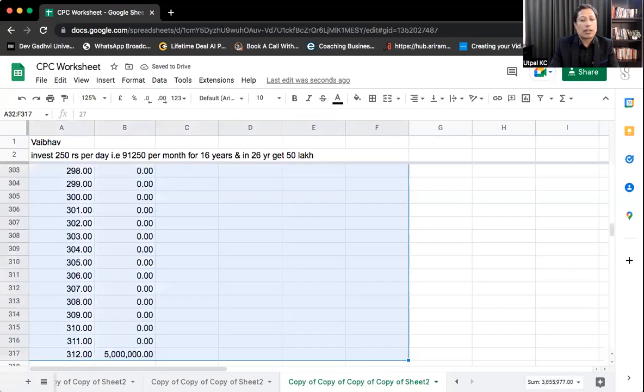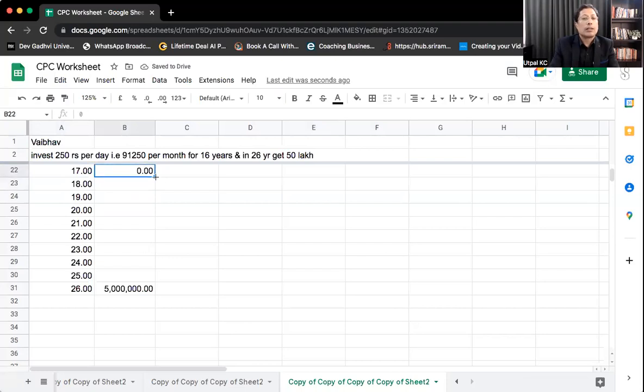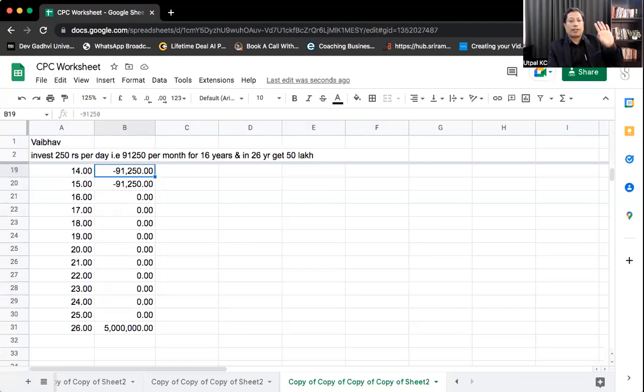All these things you can delete. Okay, this is correct, right? Correct, Vaibhav. For 16 years, you have to pay premium, then after 9 years, you'll get 50 lakhs.